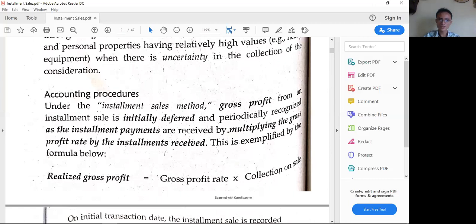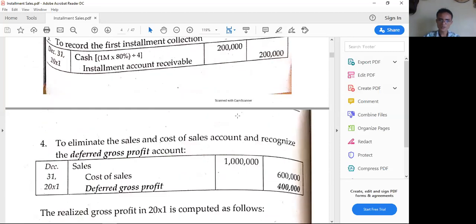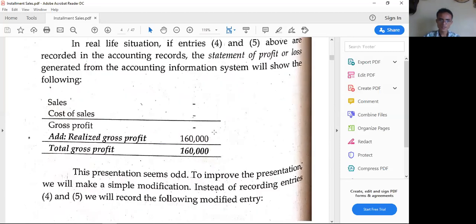It's very important for us to recall that gross profit is basically the amount that is placed on top of cost to be able for us to gain something in the sales process. So the formula, remember, is sales minus cost of sales equals gross profit. Okay, this one. Sales minus cost of sales is gross profit.